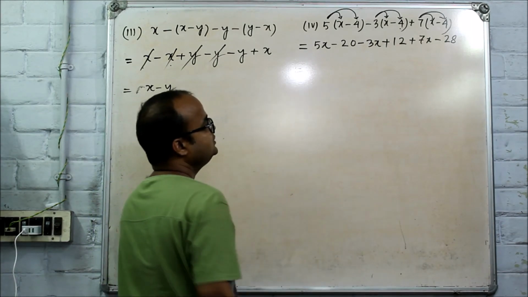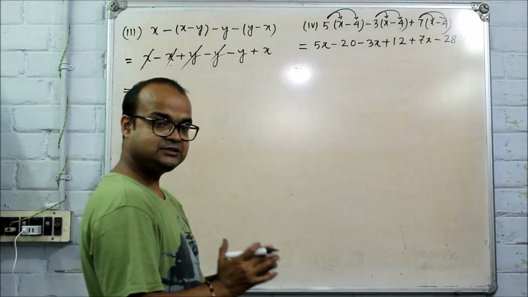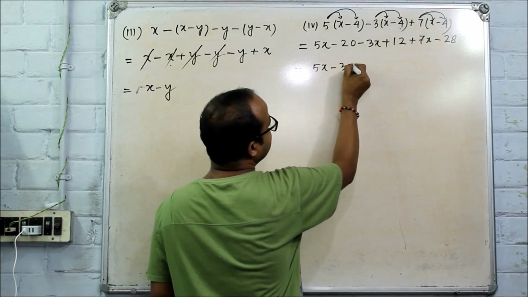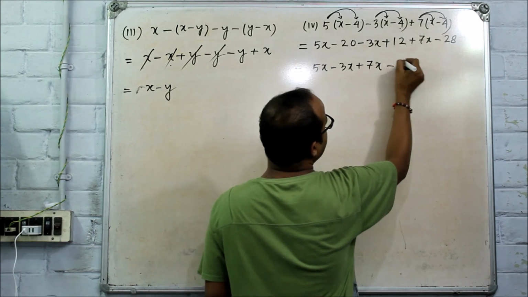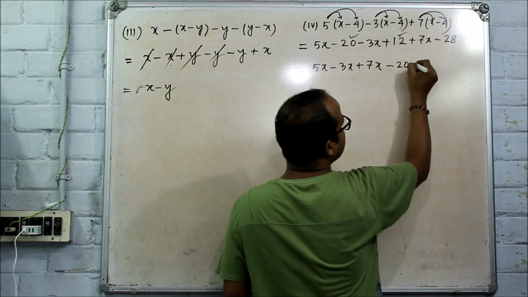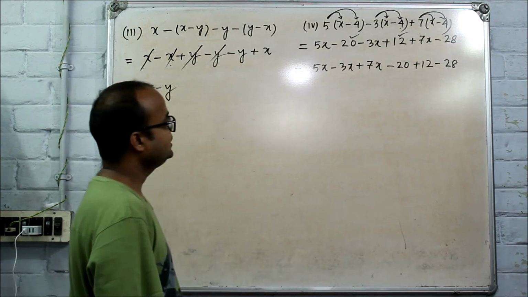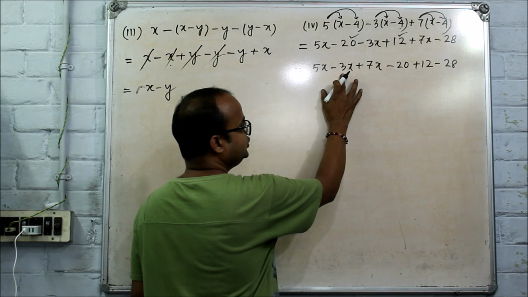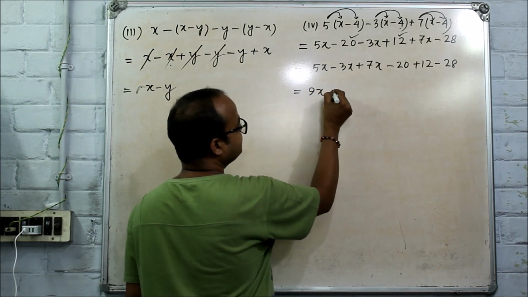Now we write all the like terms together. So 5x minus 3x plus 7x, minus 20 plus 12 minus 28. If you simplify, 5 minus 3 is 2x, 2x plus 7x is equal to 9x.